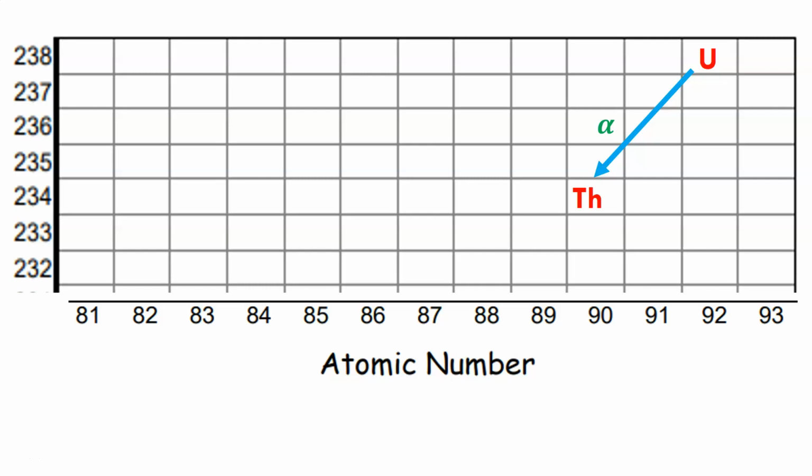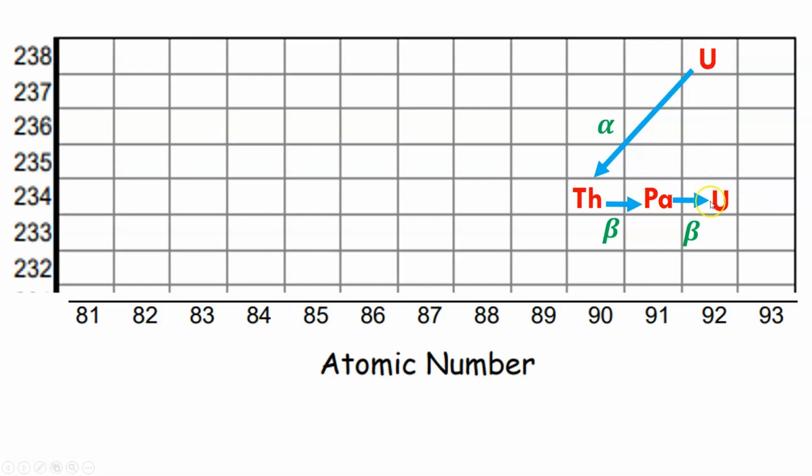So let's do the next one. Next, we went from atomic number 90 to 91, but we kept the same mass number because it was a beta. And then I put the atomic symbol in the box. Next, I went to 92. I'm back to uranium, right? I did another beta and I'm back to uranium.